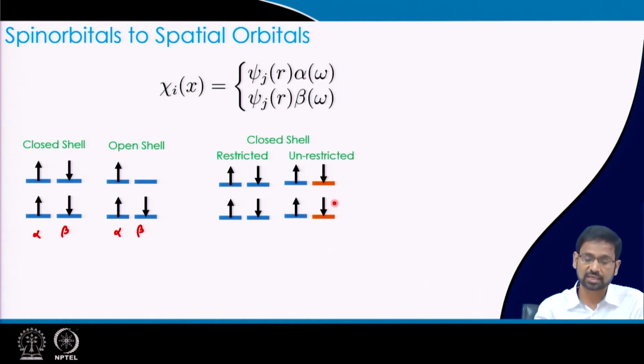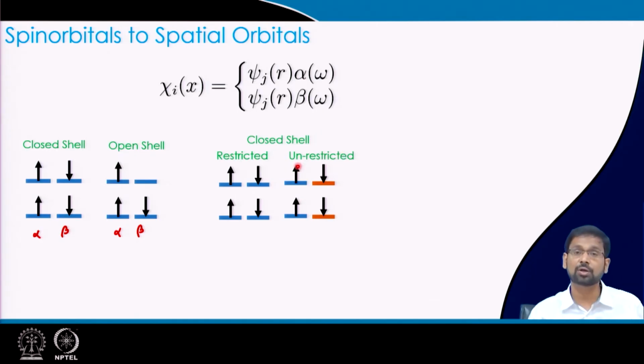I am showing this in the case of an unrestricted closed shell system, where the alpha electron and beta electron, noted by the up sign and down sign, take two different forms of spatial wave function, signified by the blue and the orange spatial functions. So now the two electrons, spin up and spin down, take up two different spatial functions, and in that case we call it an unrestricted system, unrestricted representation.